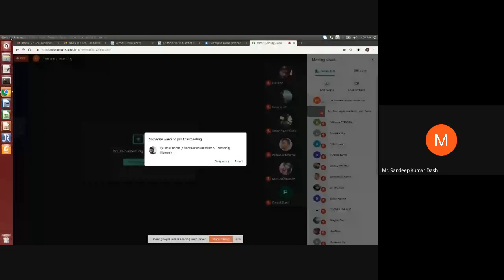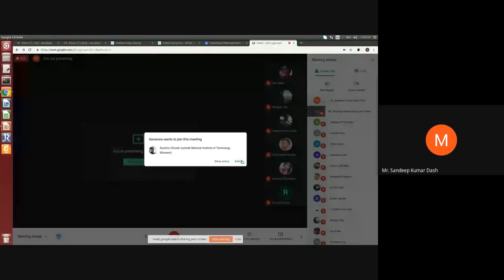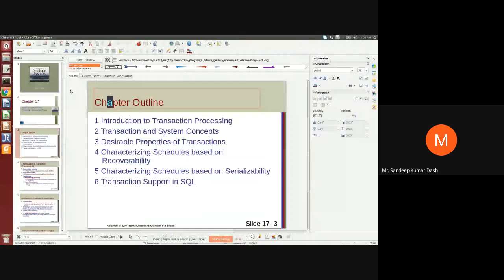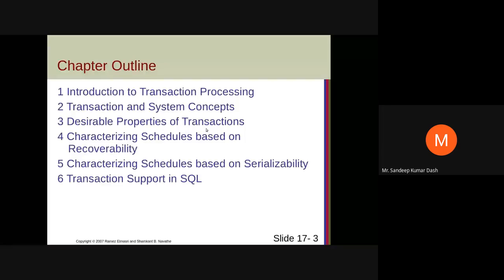Then it also takes care of any failures. Suppose in the middle of the transaction, some power failure happens, then what will happen? Whether that money will be deducted from your account or it will be credited back to your account? Those things are part of this subject, transaction processing.